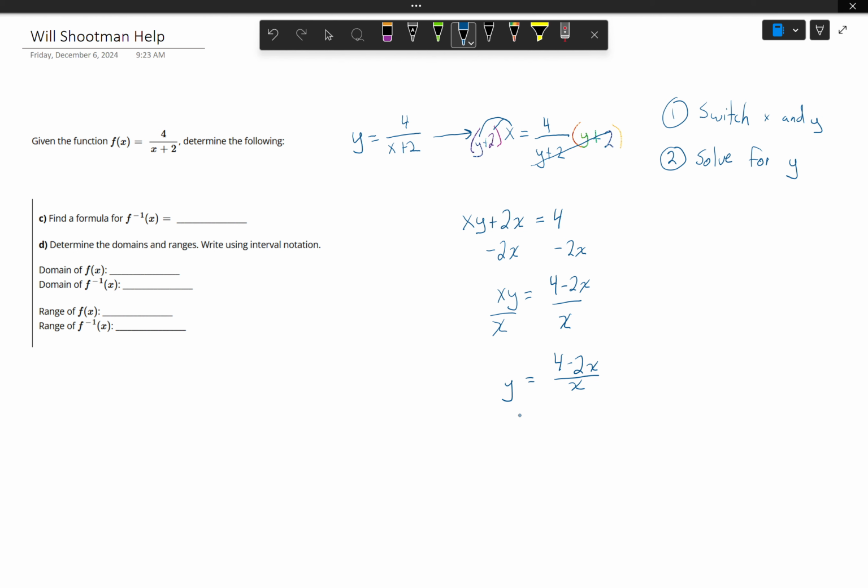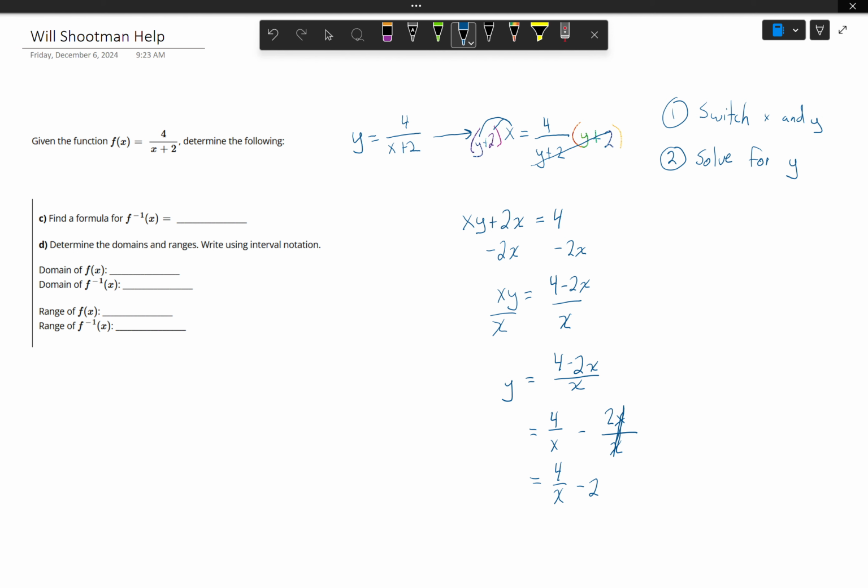If you're feeling really cool, you can split the fraction into 4 over x minus 2x over x. I can do that because you can think of it as distributing the division over the 4 and the 2. And then the x's divide out over here, so I end up with 4 over x minus 2.